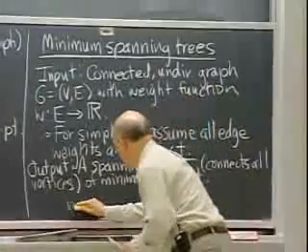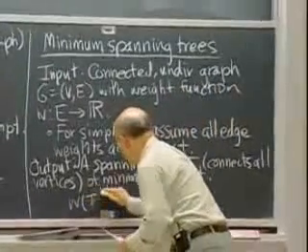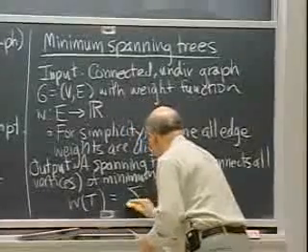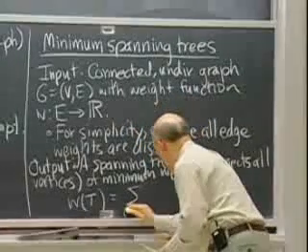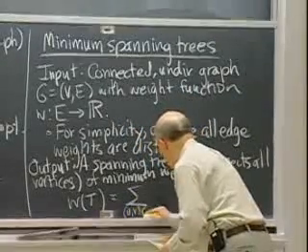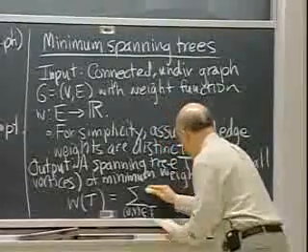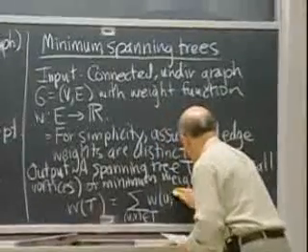So we can write the weight of the tree as the sum over all edges that are in the tree of the weight of the individual edges.